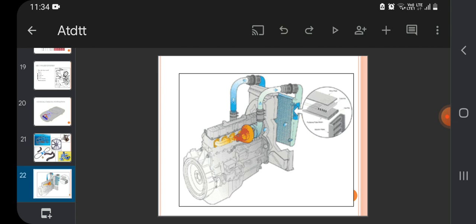So the coolant must not cool the engine totally down, nor allow the engine to heat up to a higher temperature. It should maintain an optimum temperature for better, smooth and long run of the engine.